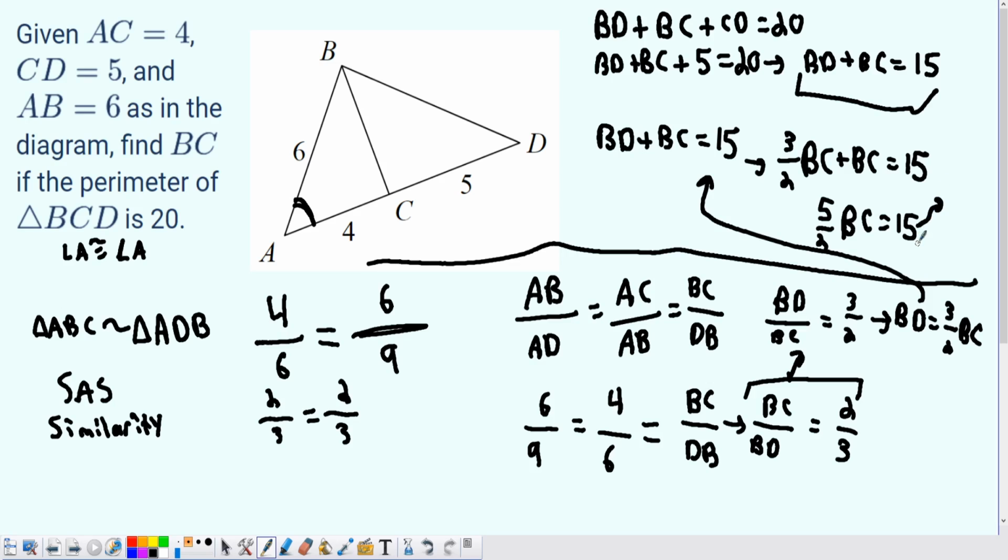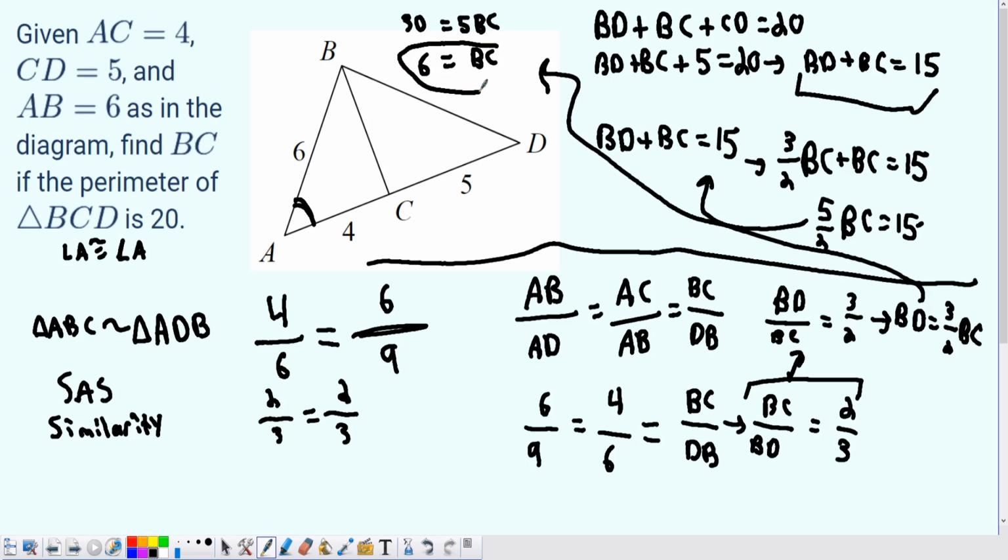If I multiply by 2, I get 30 equals 5 BC. Divide by 5 to get that BC is equivalent to 6. And that is your answer.